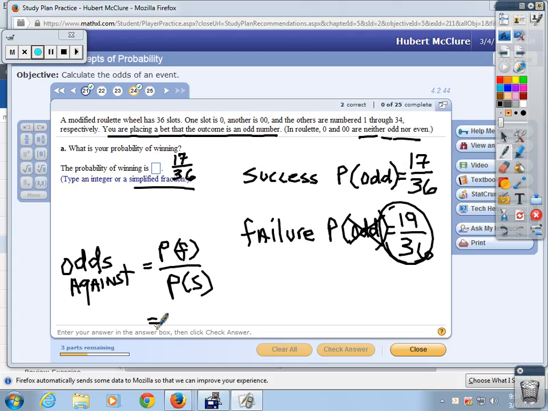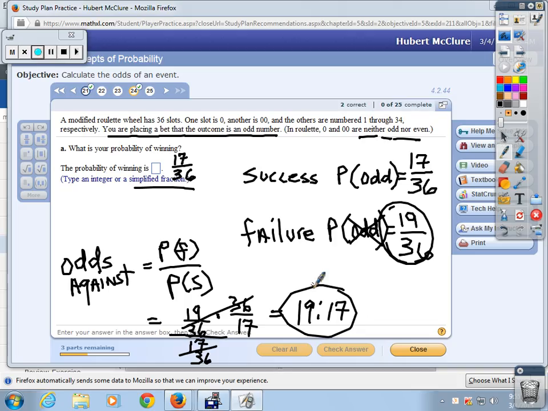So, what's the probability of failure? 19 over 36 divided by 17 over 36. And what do you do when you divide a fraction by a fraction? Multiply by the reciprocal, and what happens to the 36s? They cancel, and they always will. And that leaves you with 19 to 17 is the odds against.